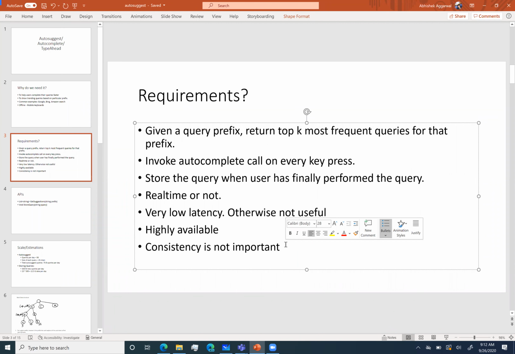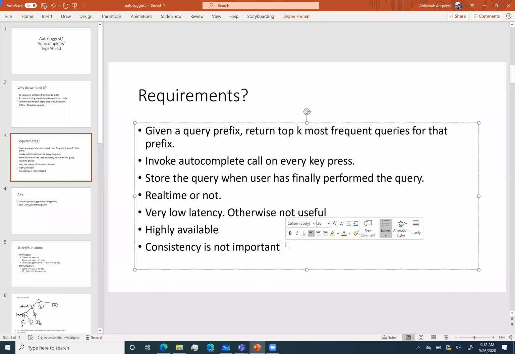And none of these things are important here. If I see a top K and my friend sees a different top K, it's okay, right? Because he doesn't know, probably it has changed, or probably my system was becoming eventually consistent. So for some time, some users are seeing different results. That's why consistency is not important in this system.